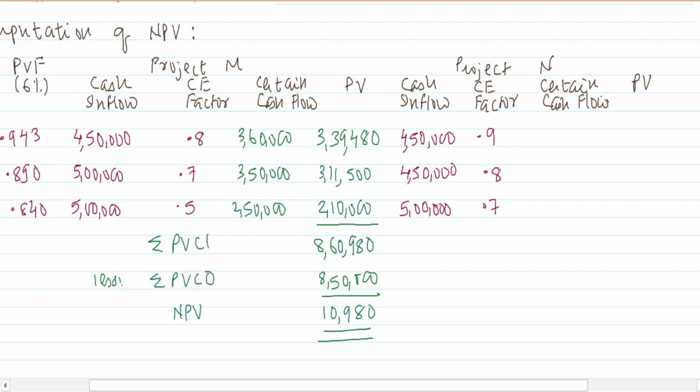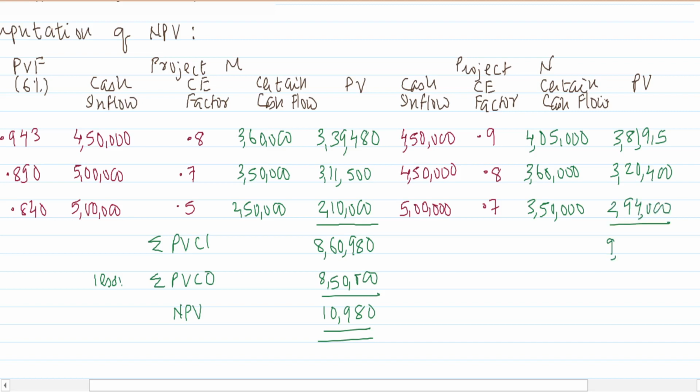Same way here, 4,50,000 into 0.9. 4,05,000, discount at 0.943. 381,915. This is 3,60,000. Discounted 3,2400. 3,50,000. Discounted 0.840. 2,94,000.